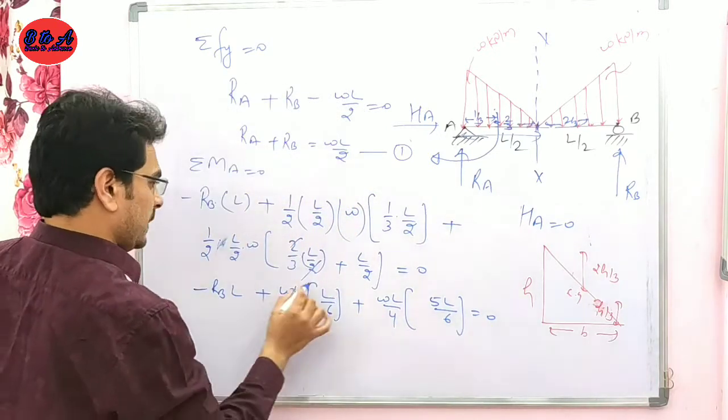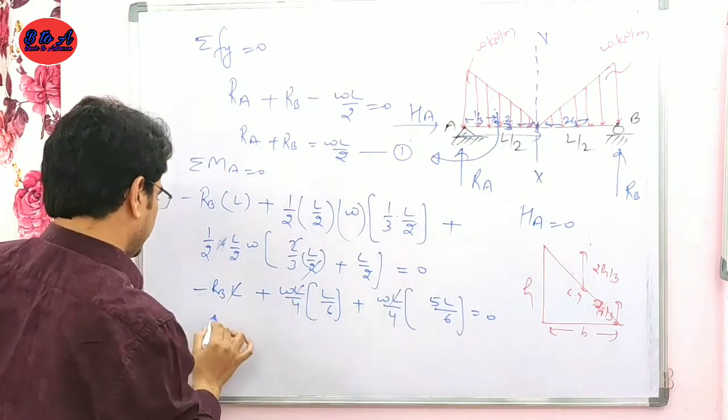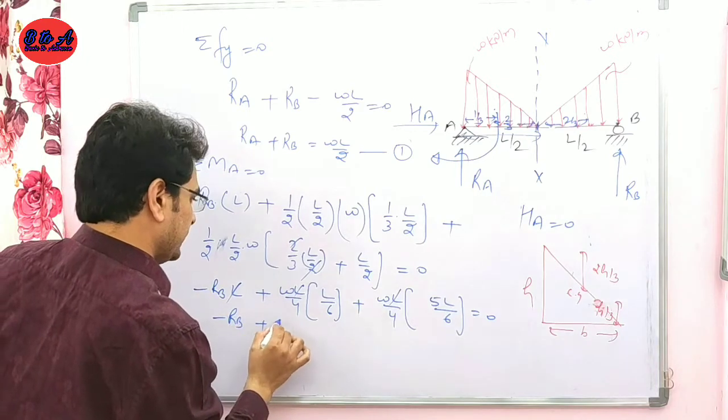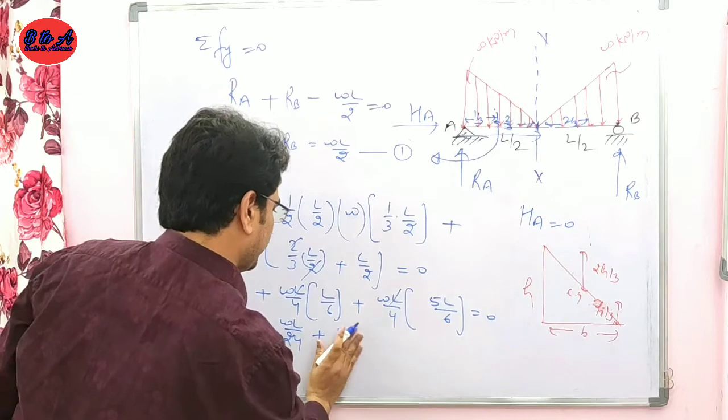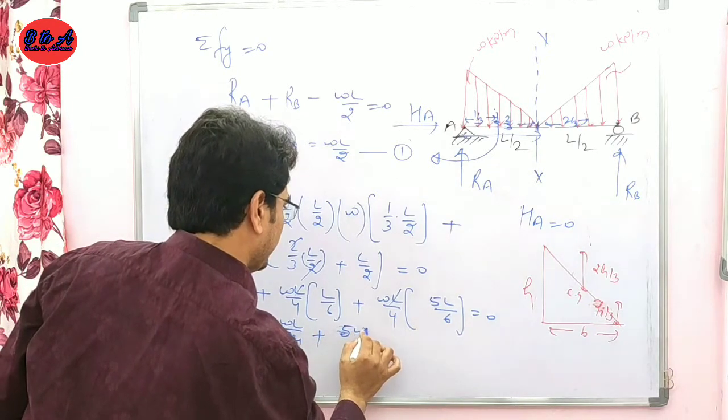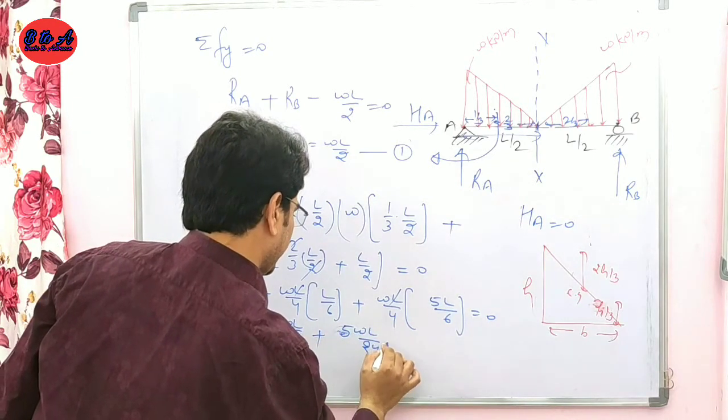Now let's solve it. I am cancelling the L, so minus RB plus WL by 24 plus 5 WL upon 24 is equal to 0.